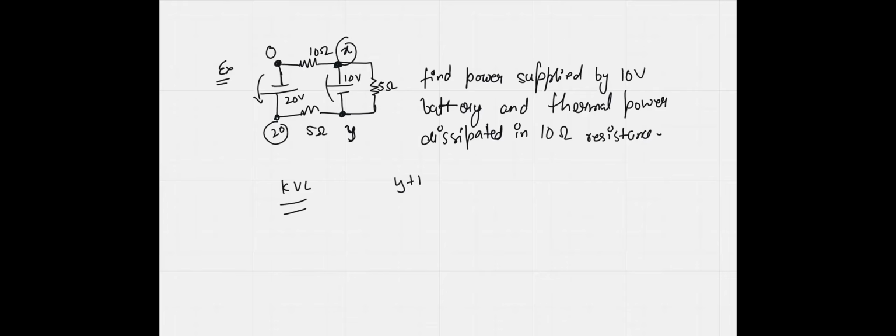It means y plus 10 is equal to x. So y I can simply call x minus 10. So what is this node? x equals 10 minus x. So what was I supposed to do? If I ask you to apply KCL or KVL, can I really apply it here?